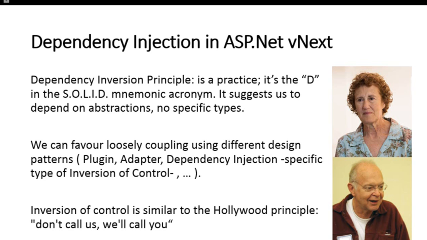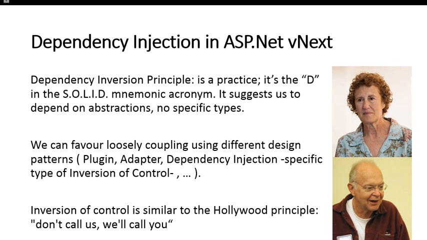There are several ways to accomplish the same goal. So, in order to favor loose coupling, you can actually use different design patterns. For example, plugin, adapter, and dependency injection as such, and this one is a specific type of inversion of control.